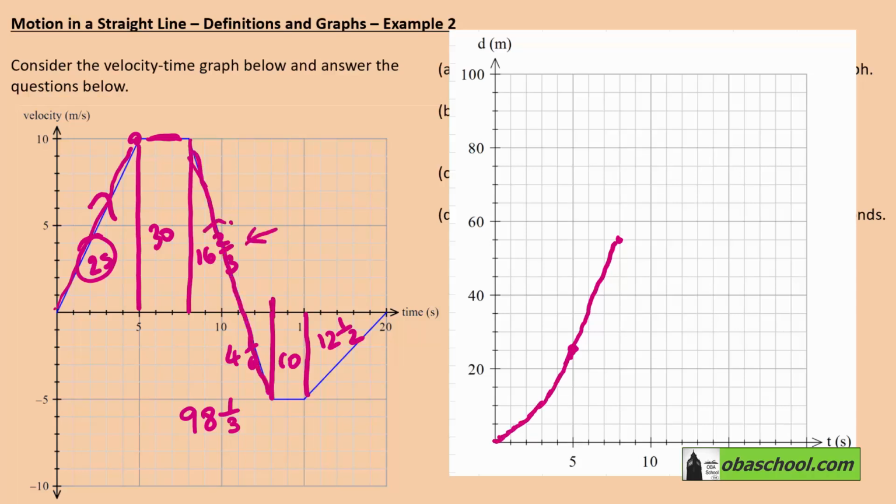Now if we add on this next section onto the 55, that's 71 and 2/3, and we know that happens at about 11 and 1/3. So 71 would be about here, and during this time it's slowing down to rest, so it's going to do something like that.